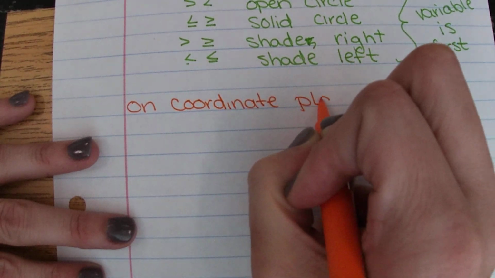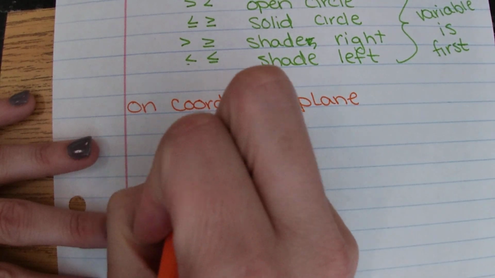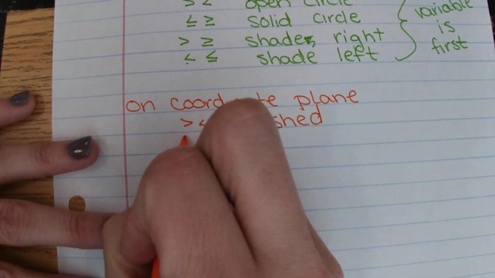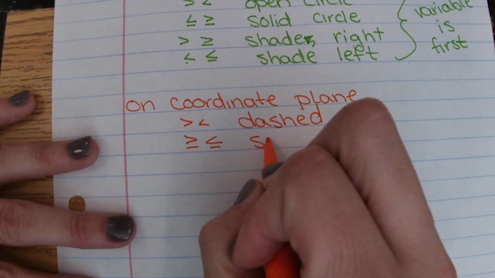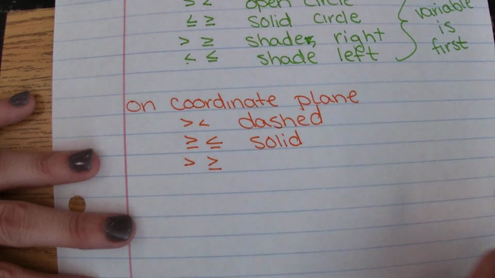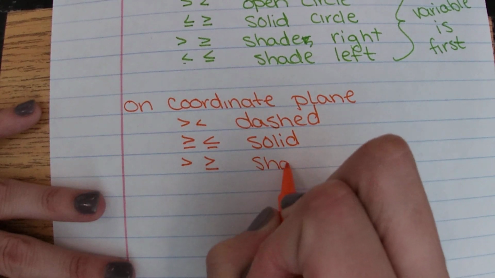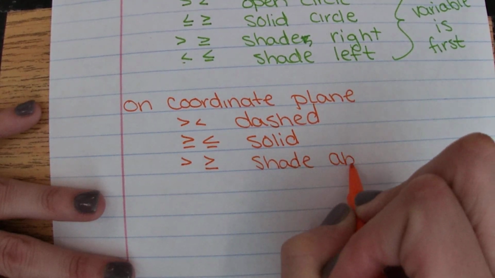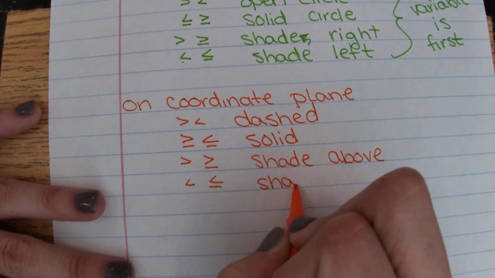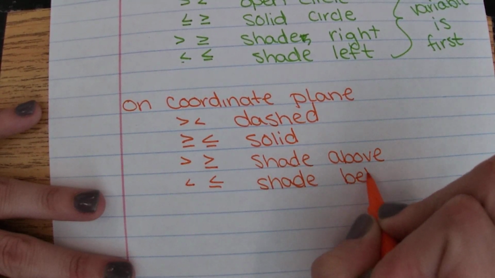If it's greater than or less than, that's our dashed line. Greater than or equal to or less than or equal to is our solid line. Greater than or equal to, we shade above. Less than or equal to, we shade below.